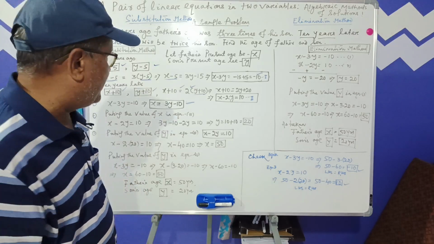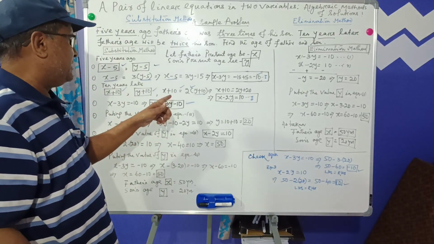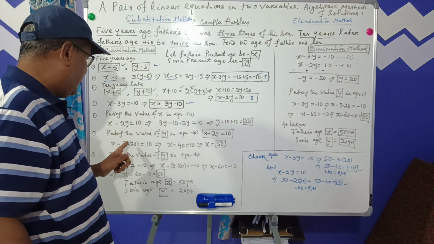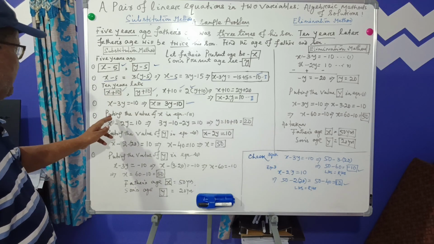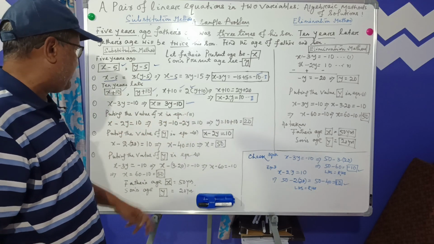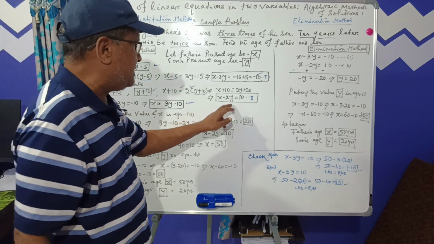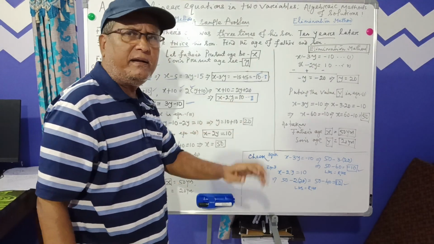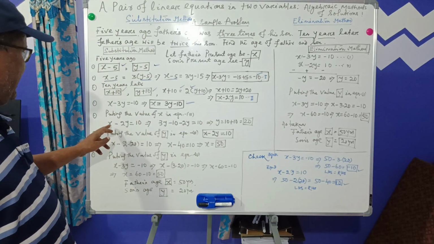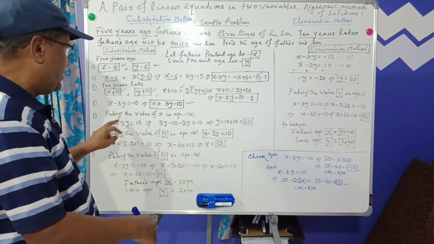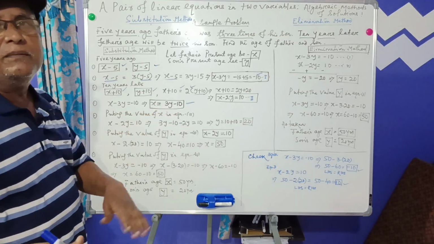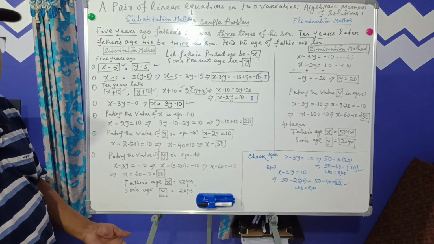Now we have the clue. So let's put this value of x in the second equation. Equation number 2 is x minus 2y equal to 10. Now in place of x, substitute the value in terms of y. That is called substitution.